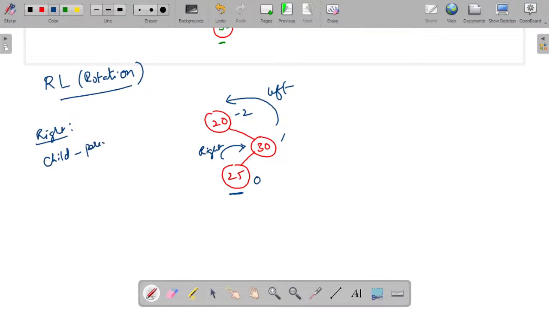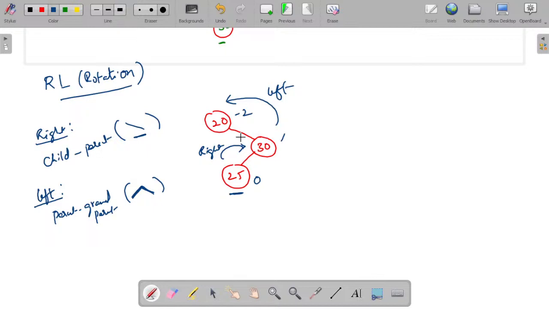Our agenda in this right rotation is to get all the nodes into this particular structure, and then we are going to perform a left rotation, which is performed between the parent and grandparent. After we perform the rotation between parent and grandparent, the tree is going to look something like this.